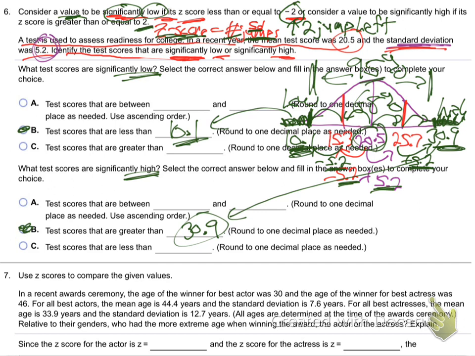That means almost all the people are going to be between this mark and that mark, 10.1 and 30.9. So anybody out here lower than 10.1 or higher than 30.9 up here, they're very extreme, very significantly high or low, because they're only 5% of the whole population. 95% are within the two jumps. So anybody above that or below that is significantly high or low. They're in the extreme 5%.